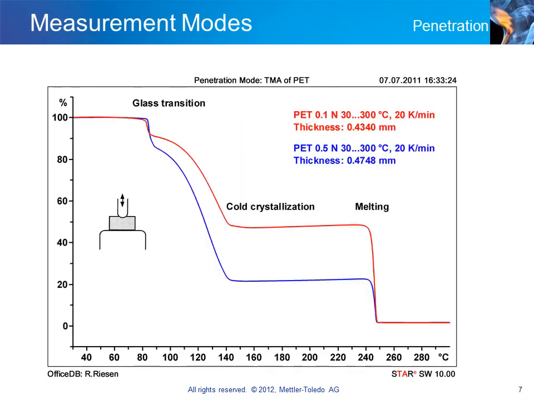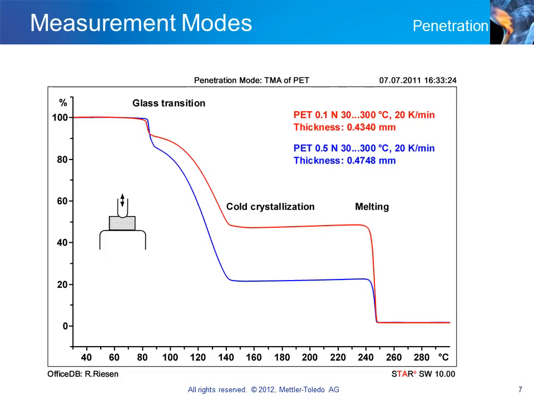The penetration measurements were performed with the same PET disc used in the previous slide. The results yield information about softening behavior and softening temperatures. The two curves were measured using loads of 0.1 and 0.5 newtons. The depth of penetration is influenced by the applied force and the sample geometry.